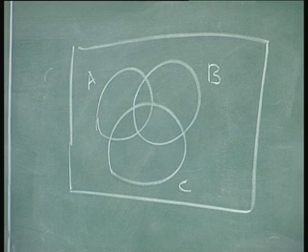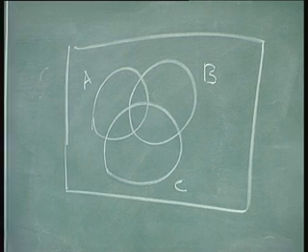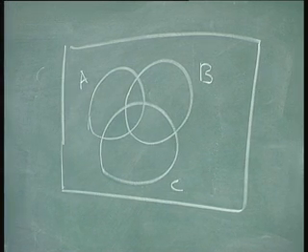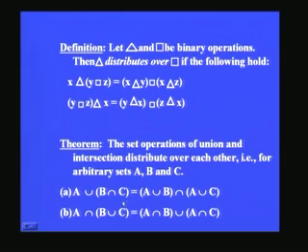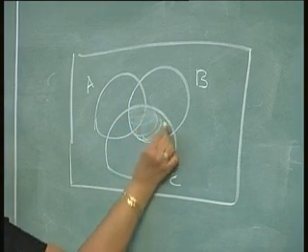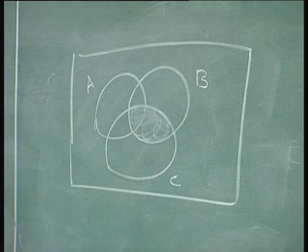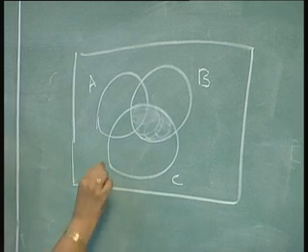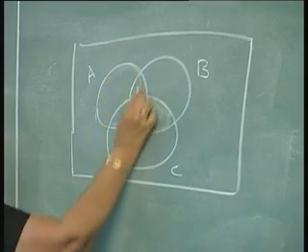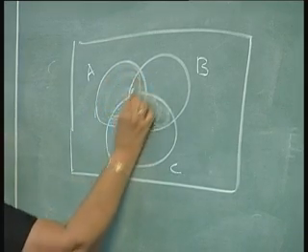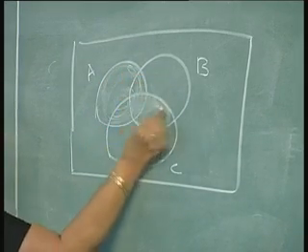B intersection C, A union (B intersection C). What is B intersection C? This portion is denoted by B intersection C, and A union (B intersection C) will be this whole thing, A and B intersection C.